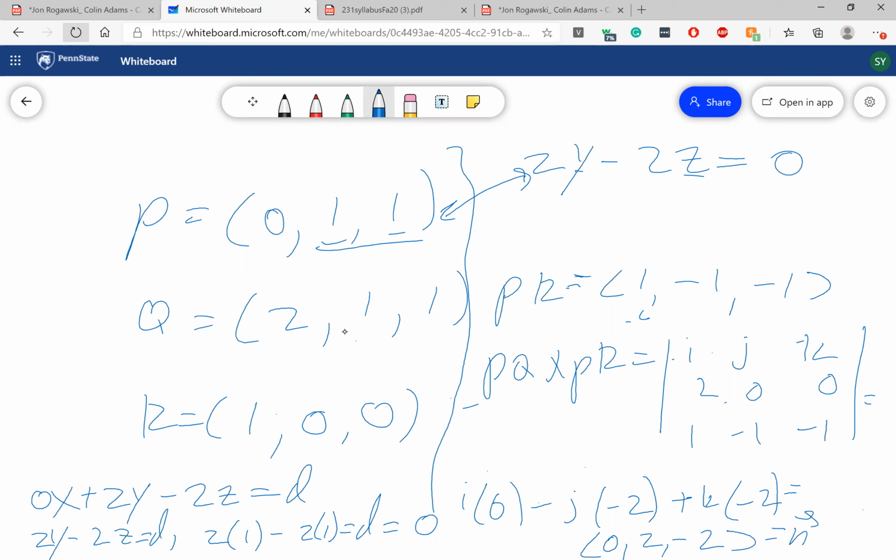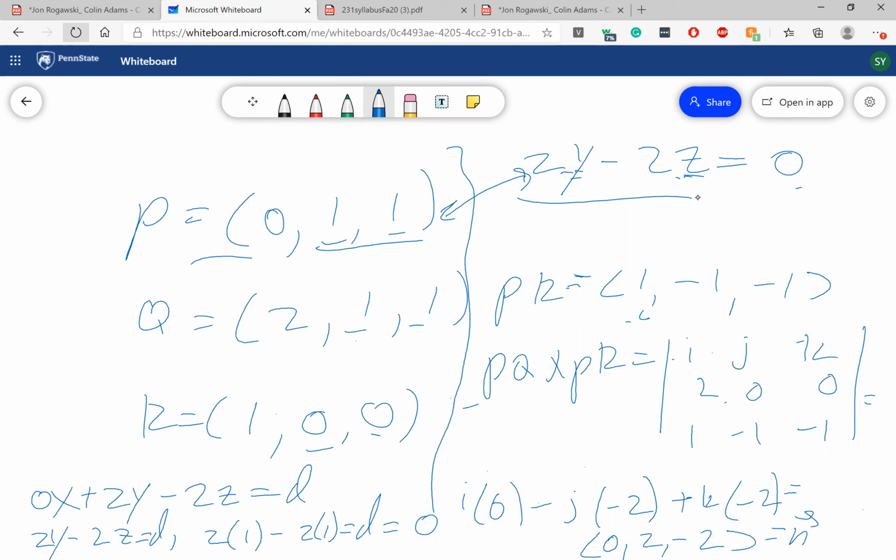The second one is also, if you plug in 1 to y and 1 into z, once again, you're going to get 0. And also the third one, if you plug in 0 to y and 0 into z, once again, you're going to get 0. So these 3 points are in this plane. So it ended up working out.